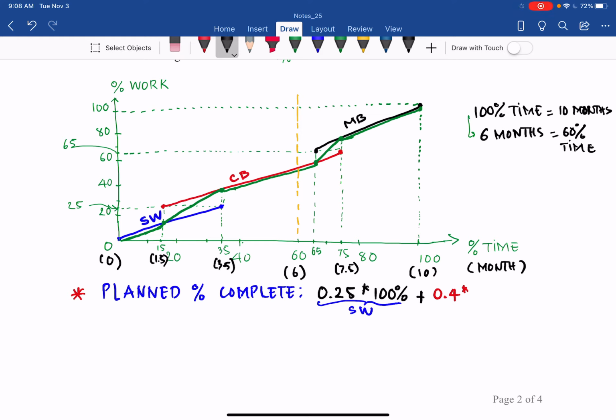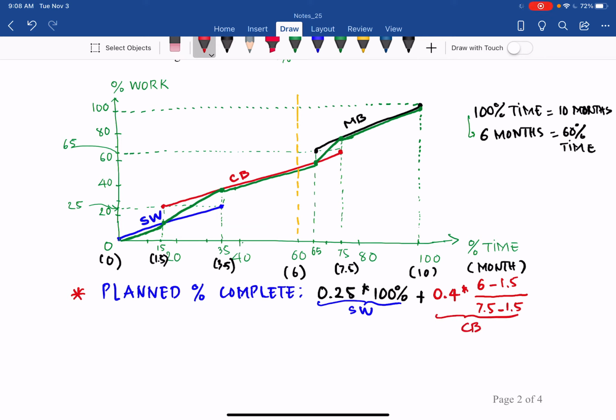The percent complete in this case is equal to 6 minus 1.5, the time we already spent, over the overall plan to spend on the concrete building, 7.5 minus 1.5.